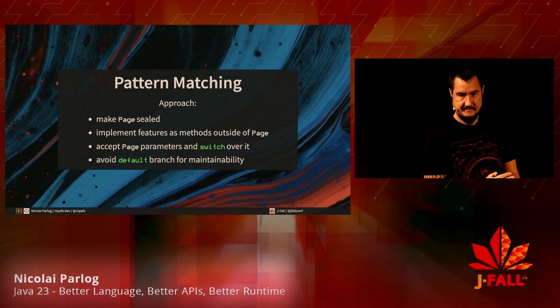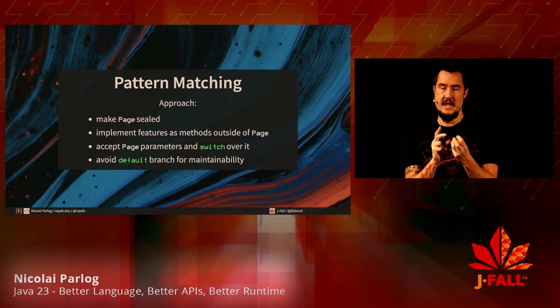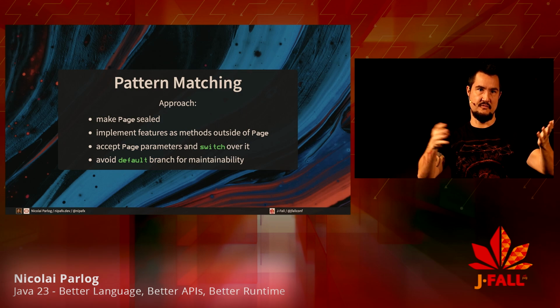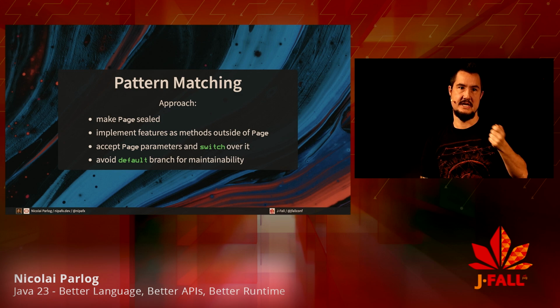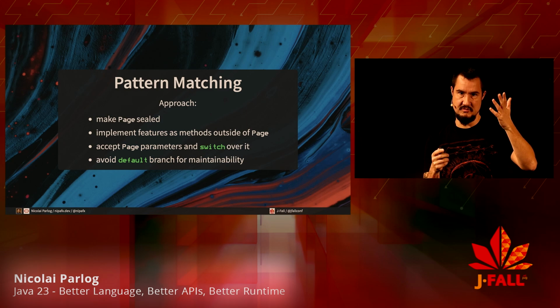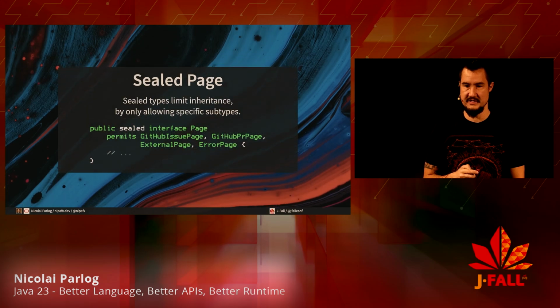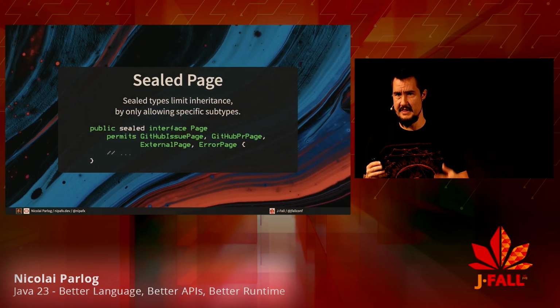And then every feature that we want is not a method on the page interface that gets implemented by the 4 different page implementations, but a method elsewhere that takes a page as an argument, switches over it, and then somehow tries to handle all the cases. And the important point at the bottom: avoid the default branch for maintainability. We're going to go through that now to see why that's important.